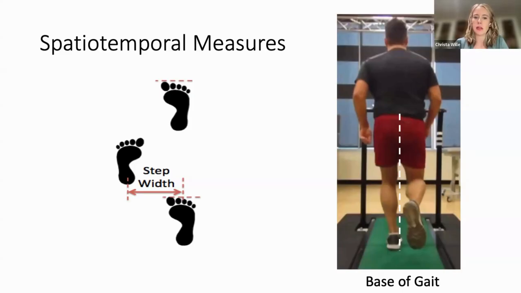And that's what we see in the image on the right with the gentleman on the treadmill. And then in that video, I would take that distance, what I would consider here a base of gait of that left limb, and I would compare that to the base of gait or the distance in this individual on the right limb as well.